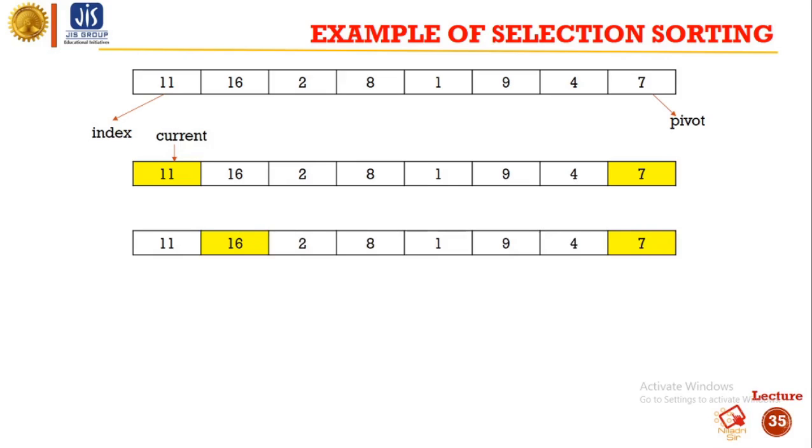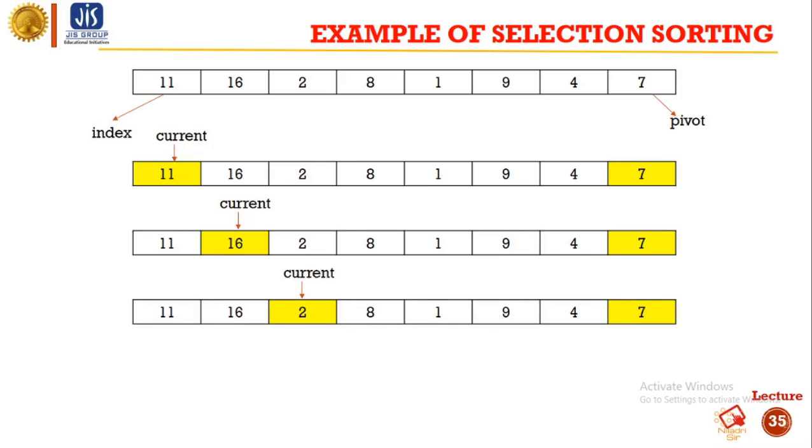Next, the current position is at second. We'll check whether the current position element is greater than or less than the pivot element. Here the current element is greater than 7, so there is no exchange. Next, the current element is 2 and 2 is smaller than the pivot element.